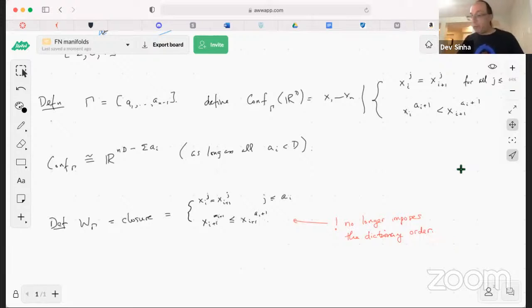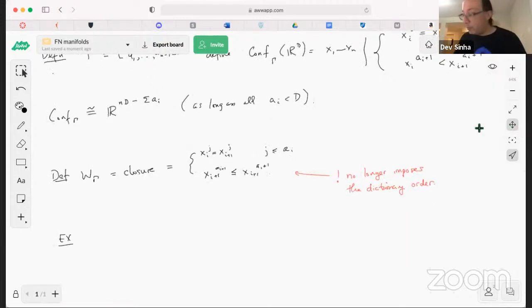Let me just give a very simple example. It's a non-trivial subspace still, so let's just do a_1 = 0. So we're looking at configurations of 2 points. This tells me that we have x_11 less than or equal to x_21.